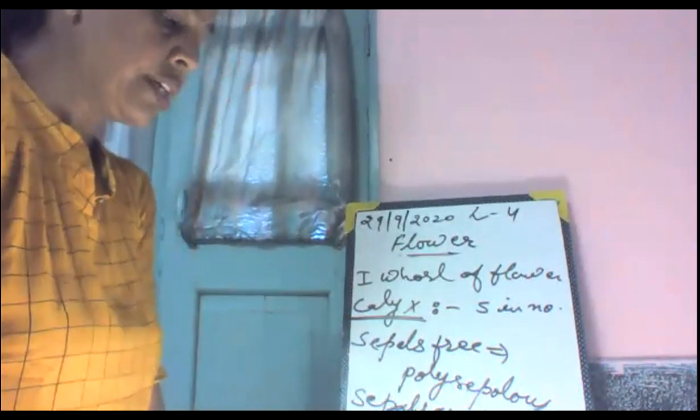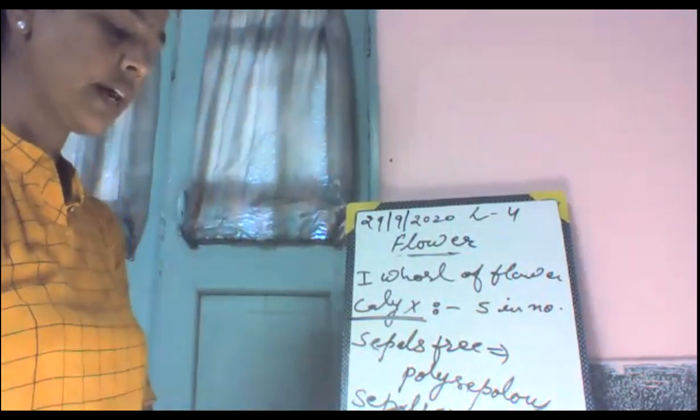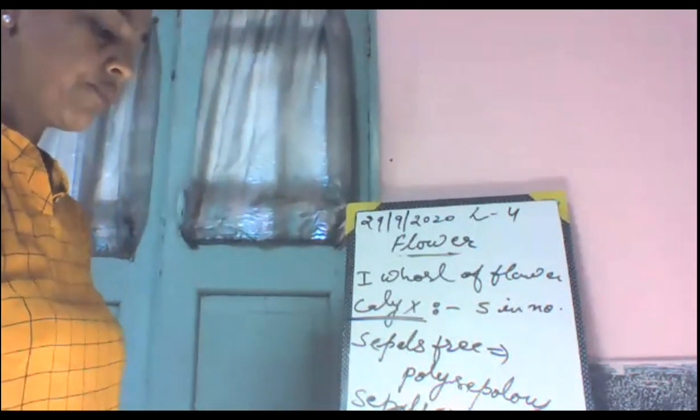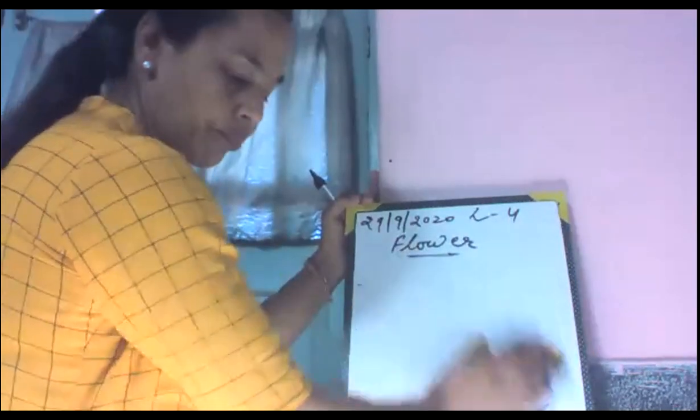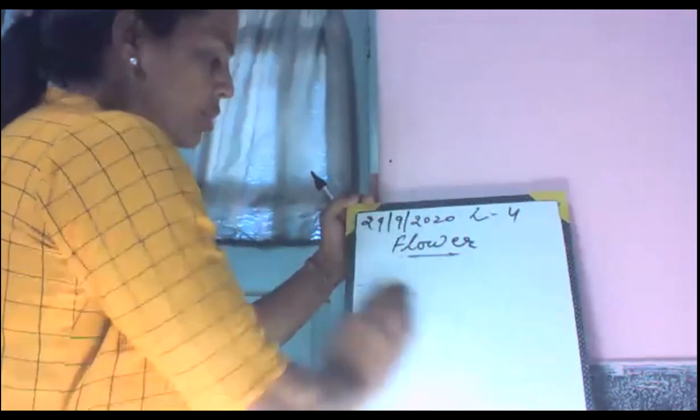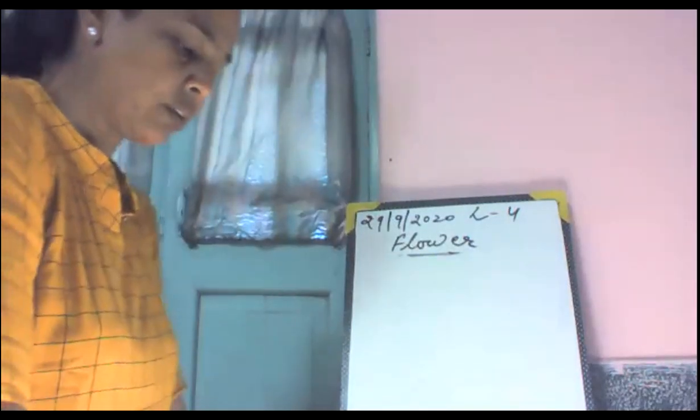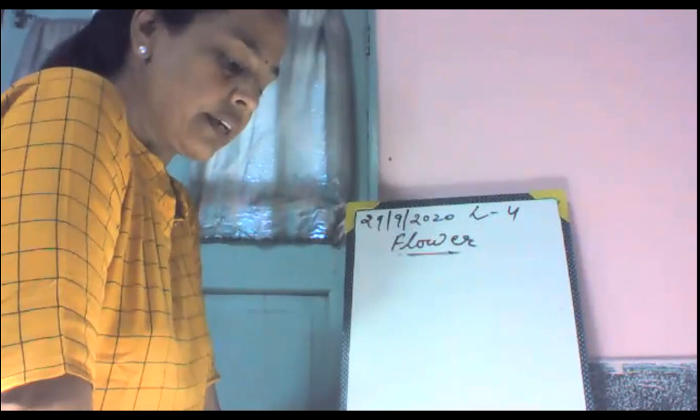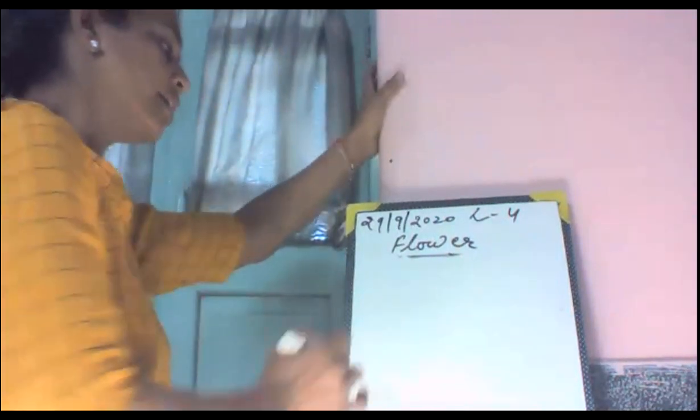Sepals are usually green, but in some cases they are brightly colored, and such brightly colored sepals are known as petaloid sepals. We already studied this, like in Gulmohar, where the sepals are red.